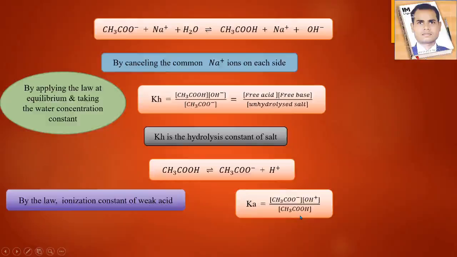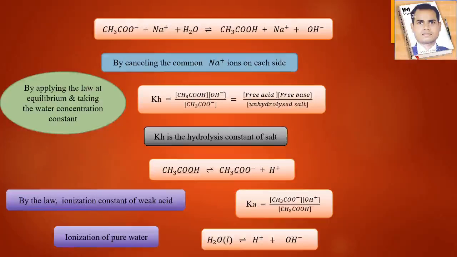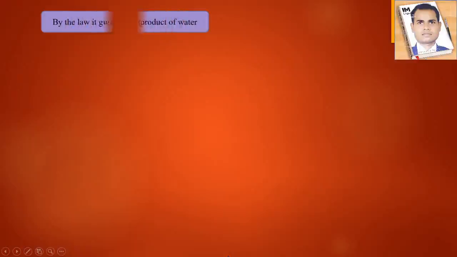After that we have the ionization of pure water, with the molecular formula for water. It will be in liquid form, so you will get ions H plus plus OH minus. Now again you will apply the law to the ionization of water, the ionic product of water.